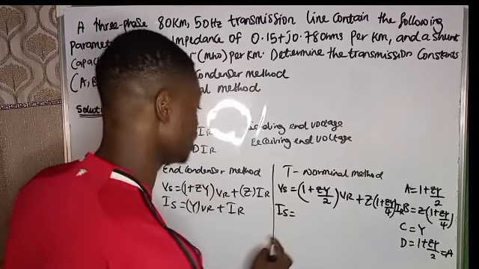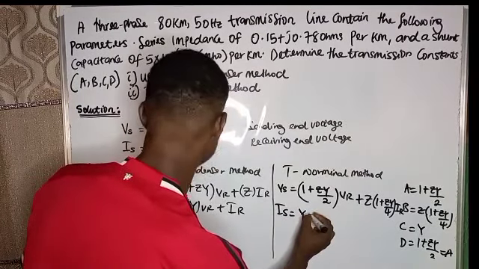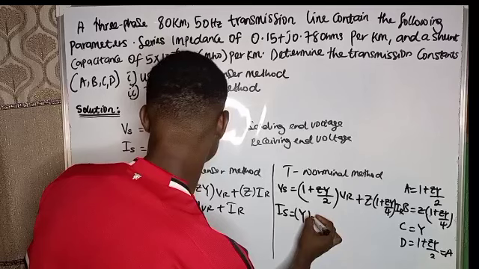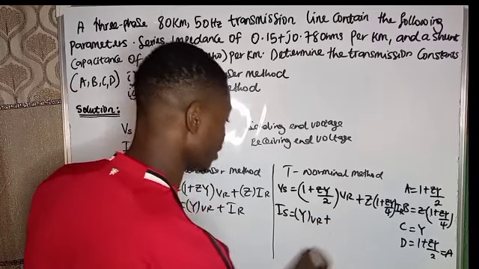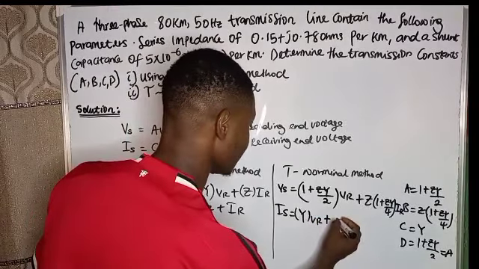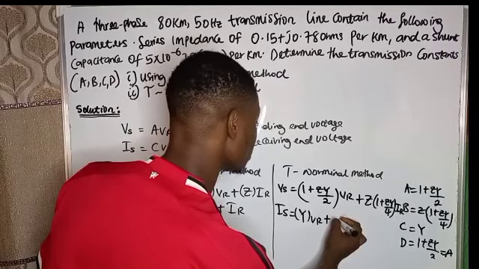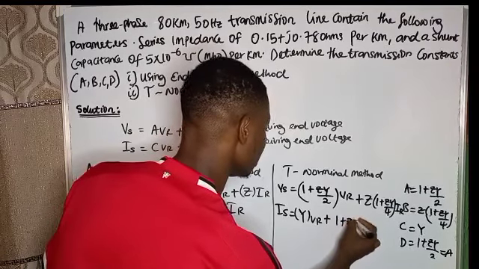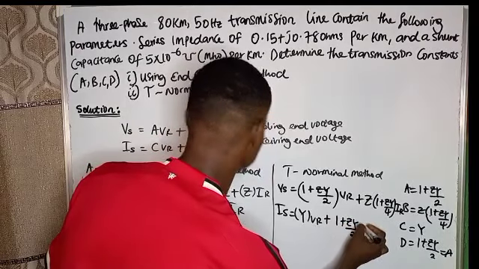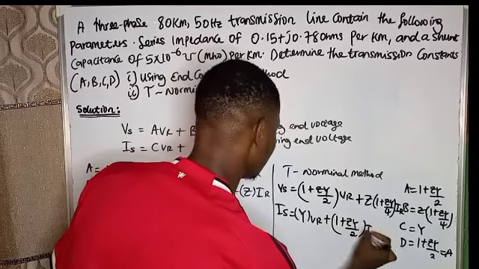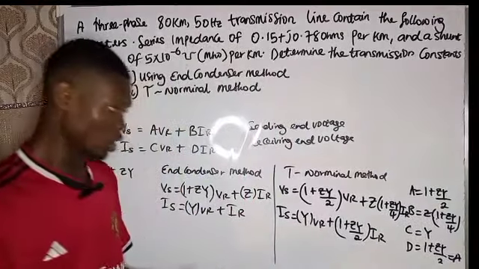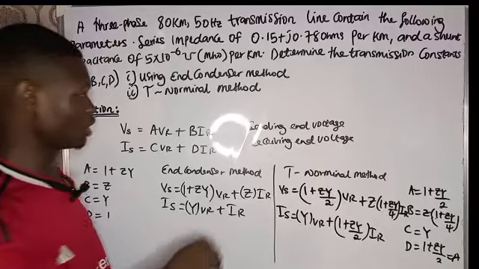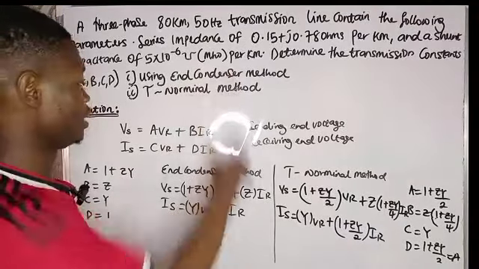Our IS will be C, which is Y, so we have Y parentheses VR plus our D, which is A, so we have 1 plus Zy all over 2 times IR. So this is just the formula. So we are going to apply it in solving this question.